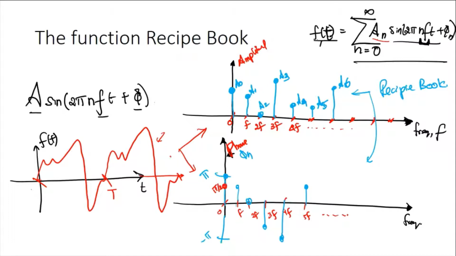But anyways, that's for later. Just to make this function f of t, you need to add up all these sine waves. So the first sine wave is of frequency f, second is of frequency 2f, 3f, 4f, 5f, so on and so forth.